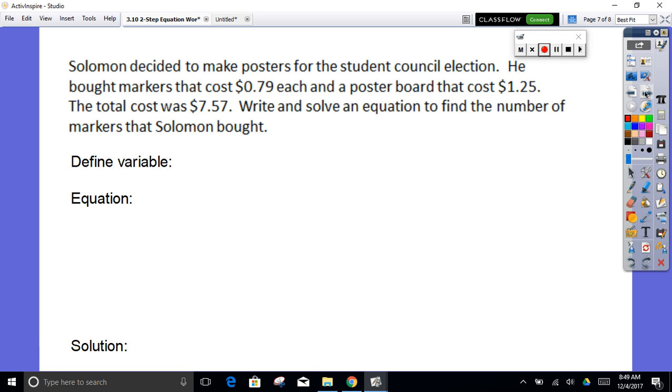Braden, can you define the variable for us? I put M. Okay, you used M, so let M equal what? How many markers you got. How many markers? Okay, so we'll say the number of markers.